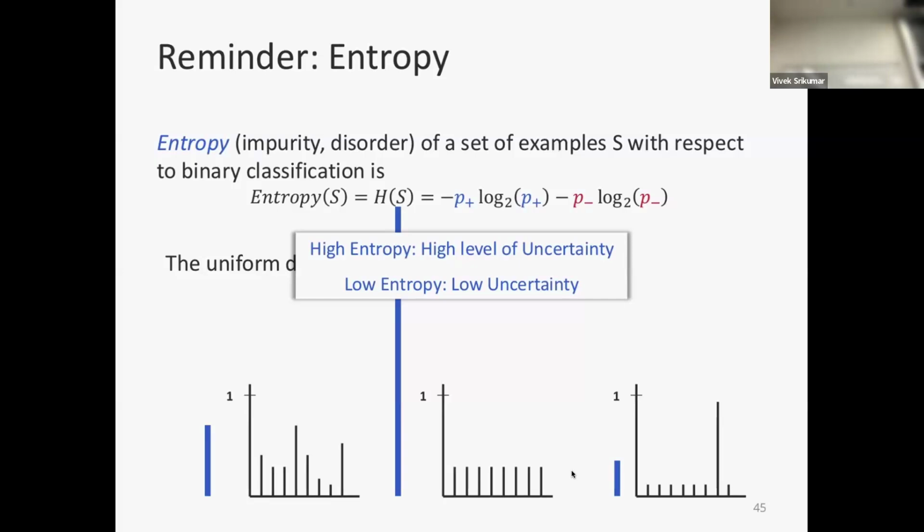And I have spent a lot of money and a lot of effort carefully making sure that every image that's called a cat actually has a cat, and every image that's not called a cat does not have a cat. So it's a high quality data set. There's no noise. But because my data set is equally split between cat and no cat, it will have high entropy. In this case, it will have entropy equals 1, because it's the highest you can have for 2 categories.